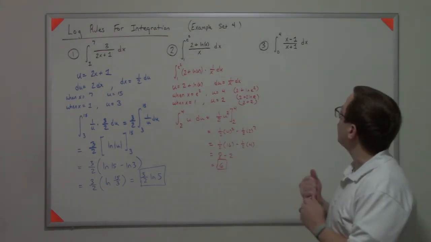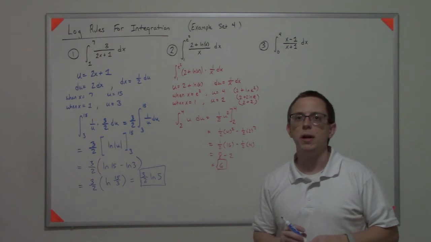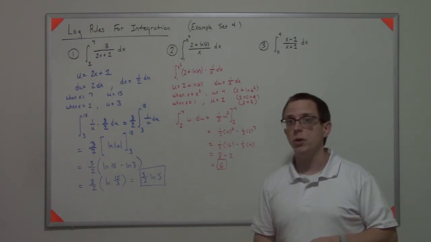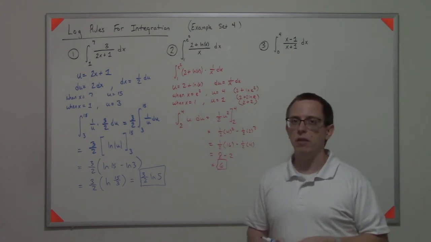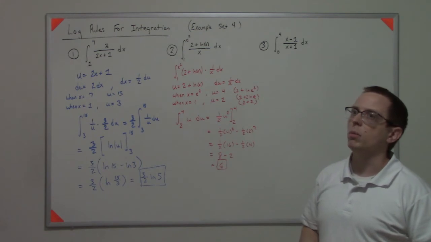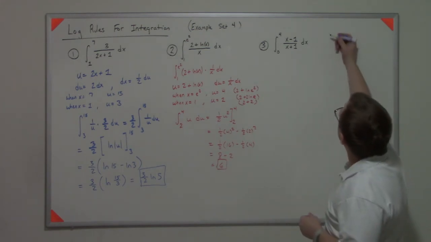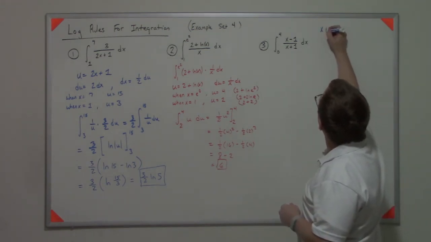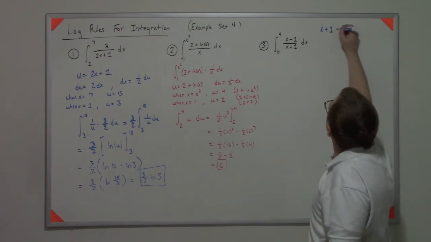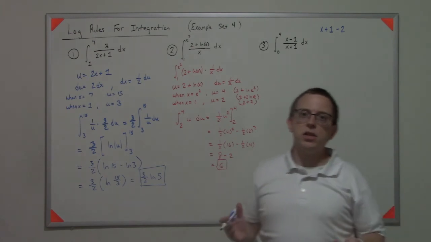And finally, we have x minus 1 over x plus 1. Now this one's going to be a little trickier. We could do this with something like long division if we wanted to. Or we could be a little bit clever and go, okay, these have the same power on top and bottom. So if I say that I need x plus 1, but I have x minus 1, then that's the same way as saying that.